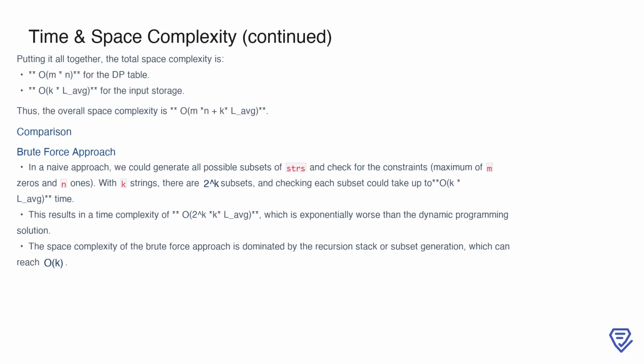Additionally, checking each subset could require up to k*L_average time, making the overall time complexity 2^k * L_average. This is exponentially worse than the dynamic programming solution. For space, the brute force approach would be dominated by the recursion stack or the subset generation, which could reach k. Clearly, the dynamic programming solution is far more efficient.